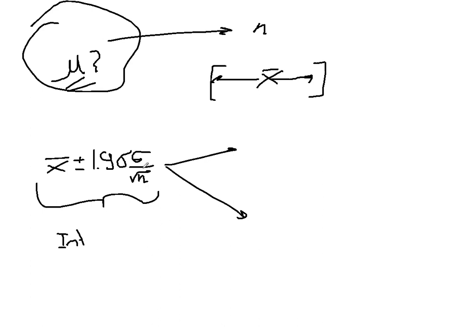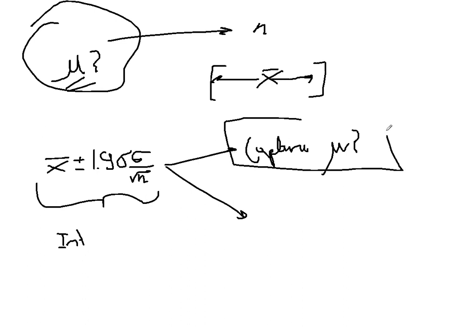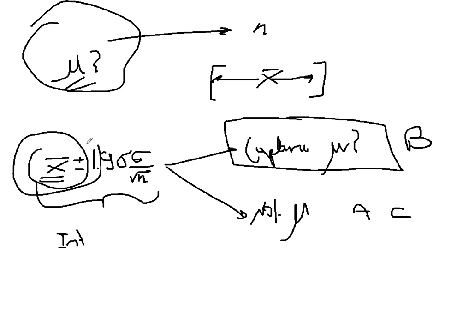So will this interval capture mu or will it not capture mu? I'm sorry about this. So will it capture mu or not? Well, it turns out that it's going to capture mu if you started with an X bar that is in area B, and it will not capture mu if you started with an X bar that is in either A or C. Now the thing is, you don't know where X bar is, do you?